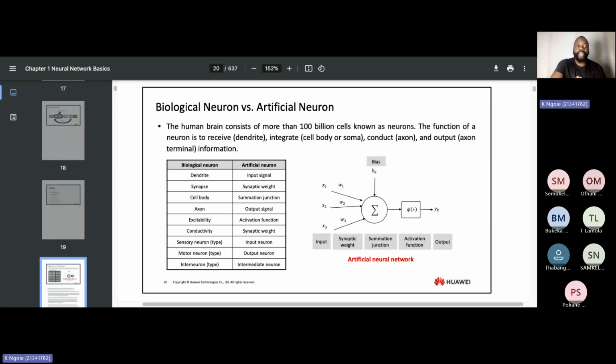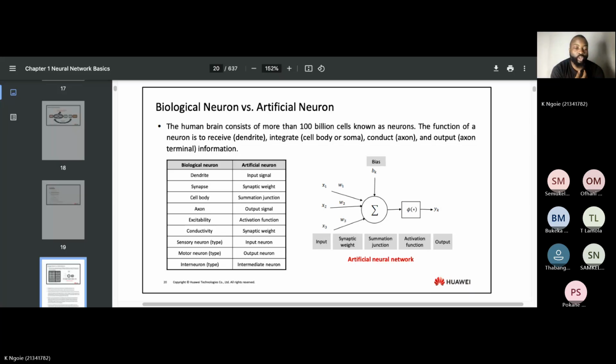And from there, we have a certain function that is created, or a certain result, and then we move to the next layer, and then in the end we have an activation function, and then we have an output.